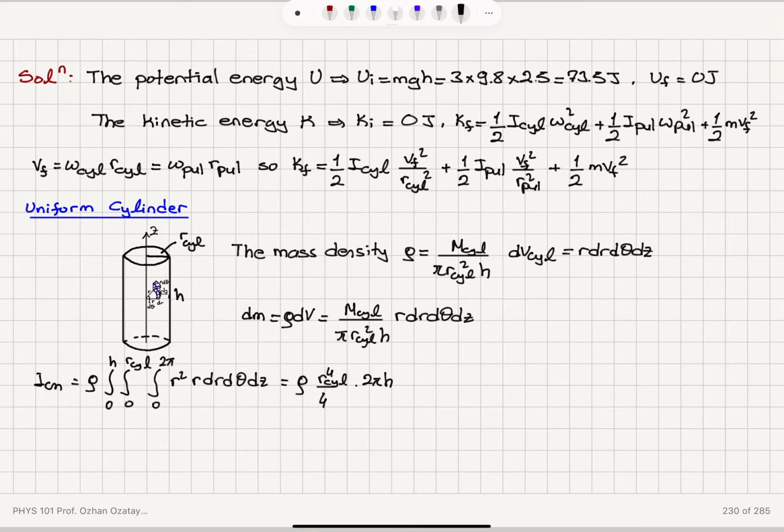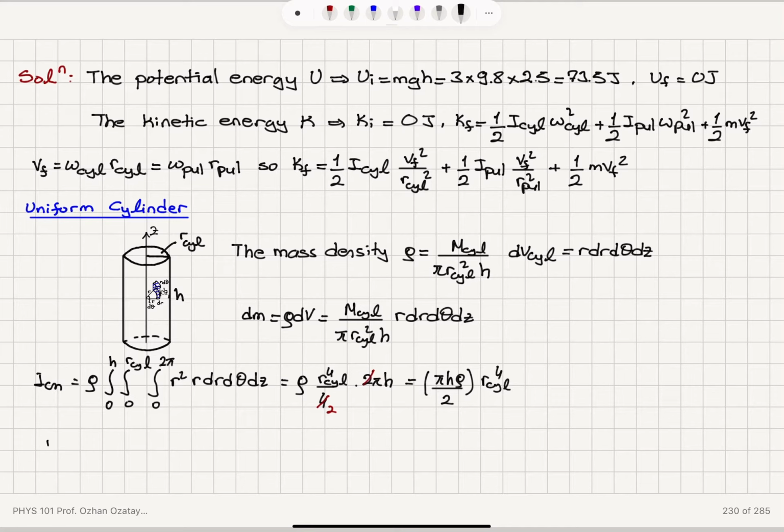So this will be equal to, you can see here we have this 4 becoming 2, so we get rid of this 2: pi h rho divided by 2 multiplied with r cylinder to the 4th power.